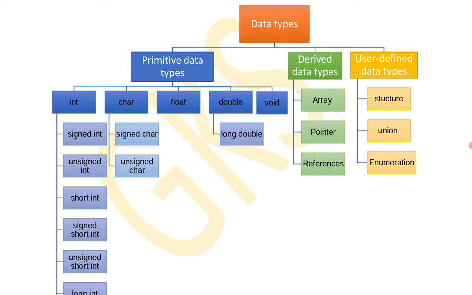Int means to store integer type of data or numbers. Char is used to store character type of data. Character means a single character; if you want to store a single character in a variable, we may use the char data type. Float data type means real numbers, or floating point numbers or decimal numbers, numbers with some decimal point.